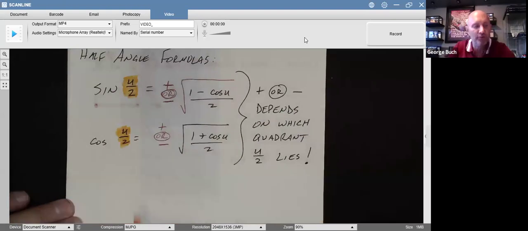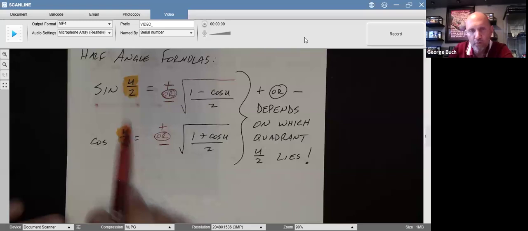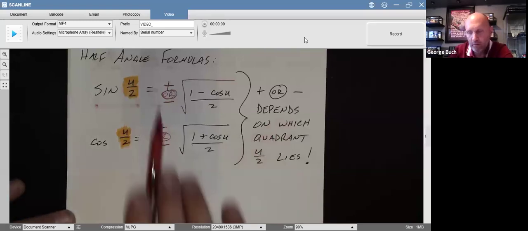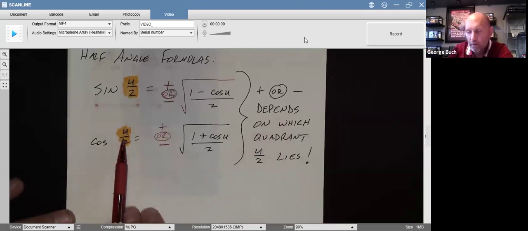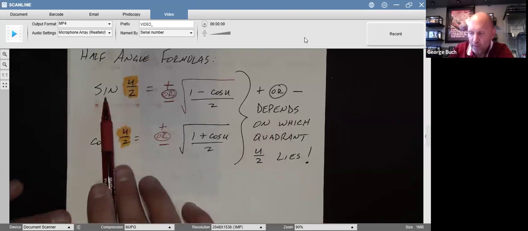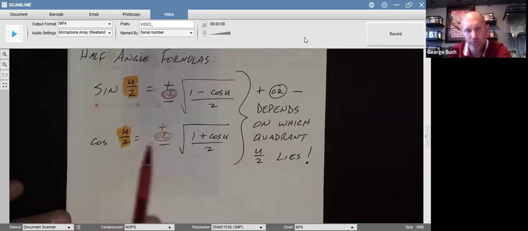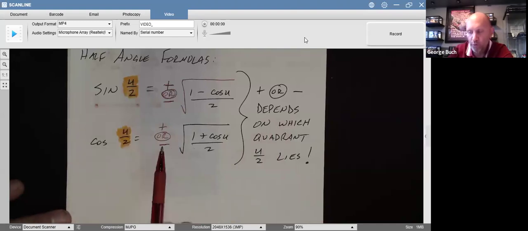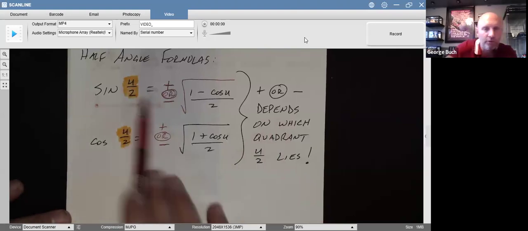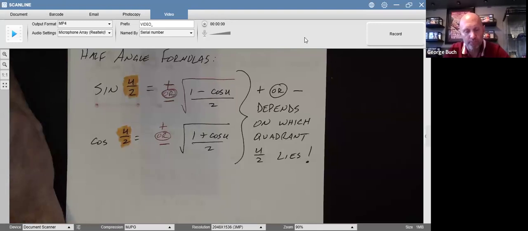So if I have sine of some value or cosine of some value, and this value lies in quadrant 1, of course, they'll both be positive. If this value is in quadrant 2, sine is positive, so it would be a plus sign in front. But in quadrant 2, cosine is negative, so it's going to be a negative in front. And so on and so forth. Quadrant 3, both negative. Quadrant 4, sine negative, cosine positive. So you have to make that determination when you are doing half angle formulas for sine and cosine.